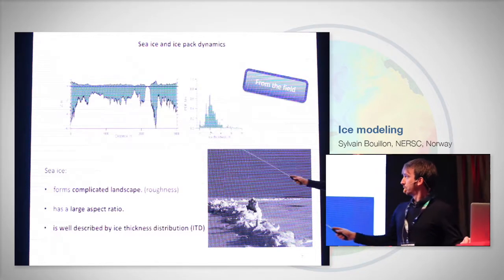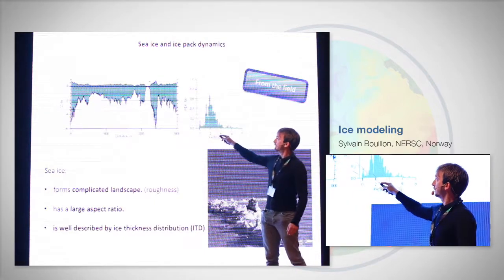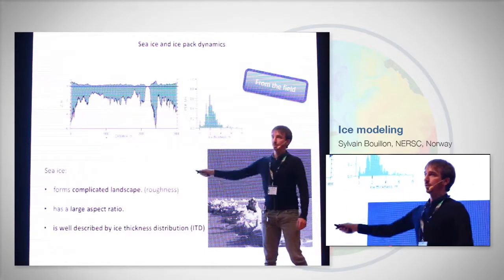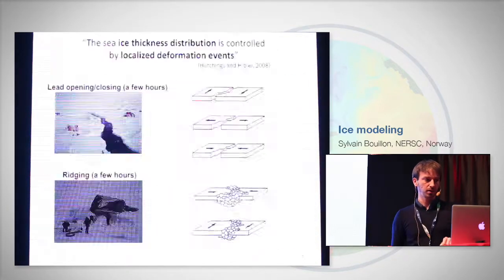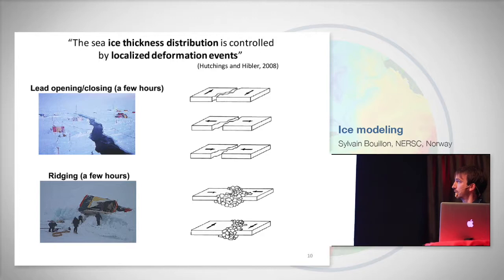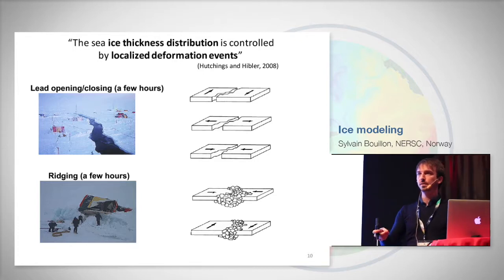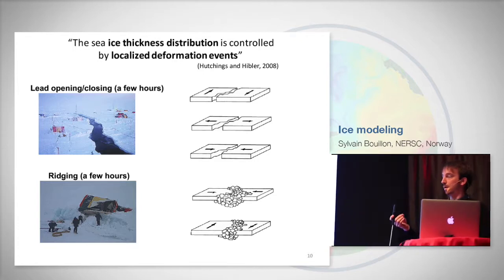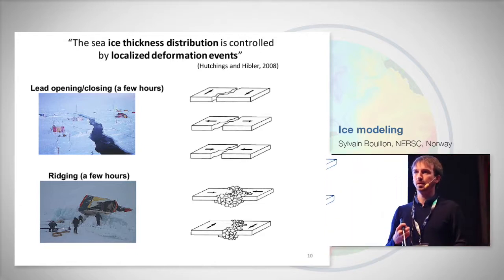It's very important to know this ice thickness distribution if you want to compute the fluxes through the leads, if you want to have a good approximation of the many processes acting near the sea ice. The ice thickness distribution, so the presence of leads and ridges, is mainly controlled by localized deformation events.